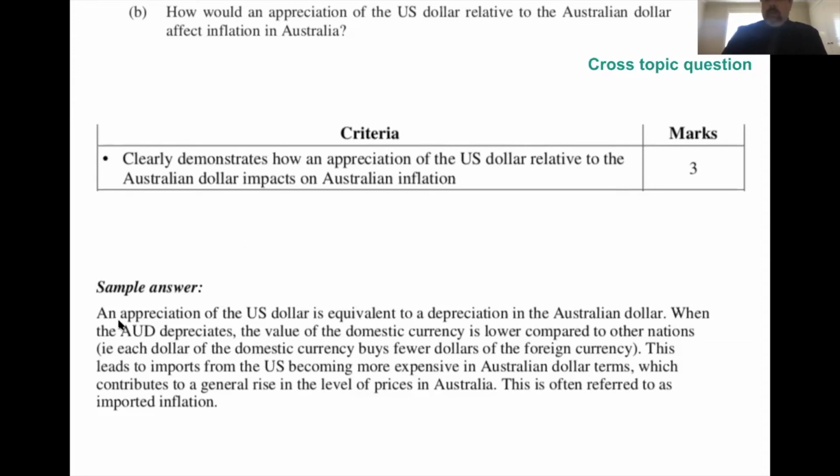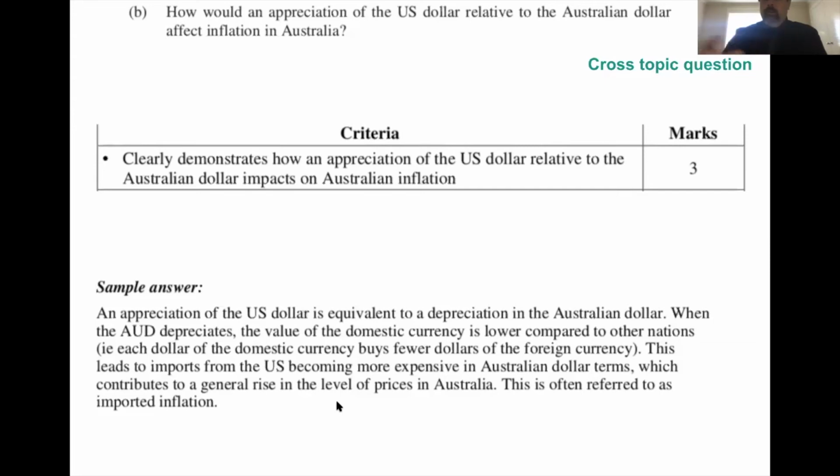So looking at our sample answer, an appreciation of the US dollar is equivalent to a depreciation in the Australian dollar. When the Australian dollar depreciates, the value of the domestic currency is lower compared to other nations. That is, each dollar of the domestic currency buys fewer dollars of the foreign currency.